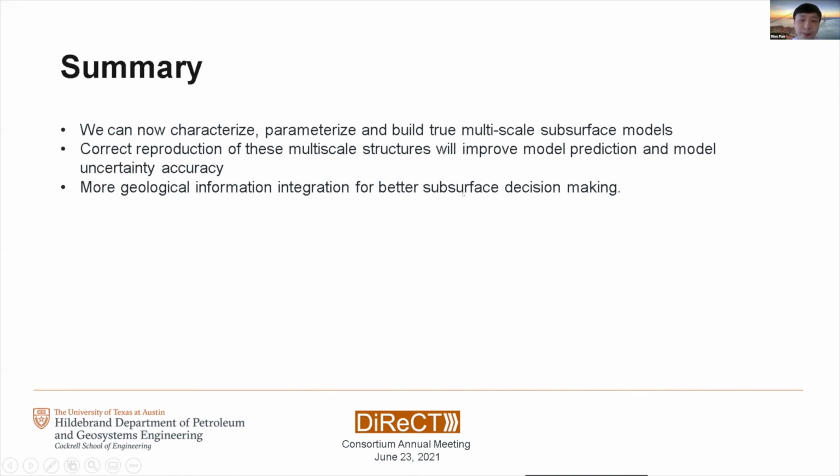To summarize our work, we can now use our machine learning-based workflow to perform true multi-scale subsurface modeling while honoring the geophysical and petrophysical interpretation.